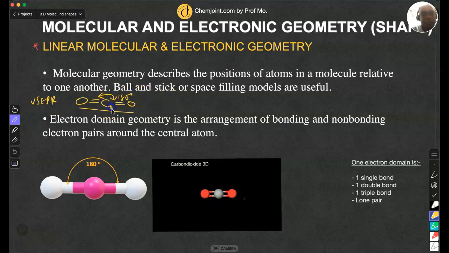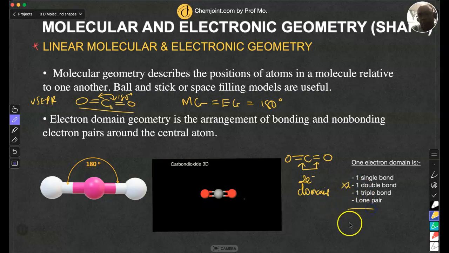The central atom does not have a lone pair, so I expect molecular shape to be equal to electronic geometry, and the bond angle should be 180. As far as hybridization goes, since I have 2 double bonds giving me 2 electron domains, the hybridization of that carbon is expected to just be sp.